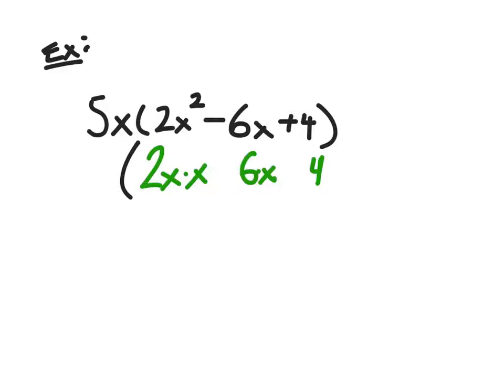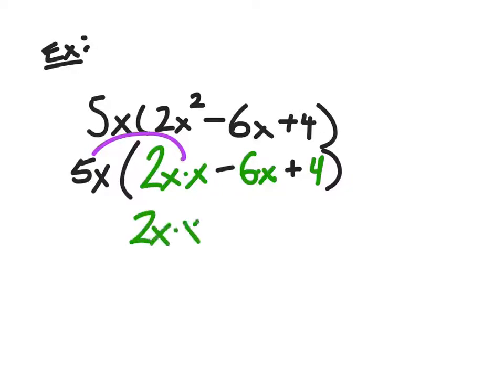So we're going to take all of these terms and multiply them by this 5x out here in the front. So we're going to distribute that 5x into each of these. Let's start with 2x times x. If I had 2x, or 2 times x, and I multiply that by 5 times x, so this is all multiplication.